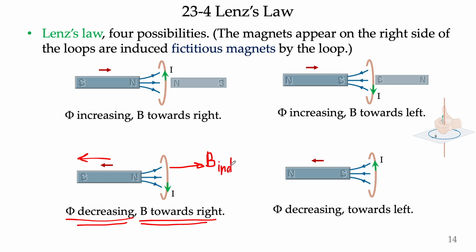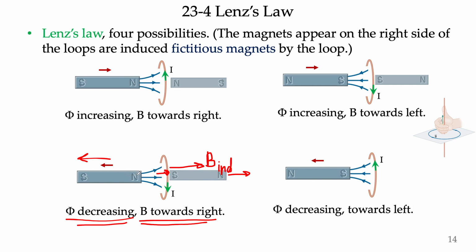Again, use the second right-hand rule, and you will find the current should be in this direction. And in terms of a fictitious bar magnet, it will look like this, because magnetic field lines to the right you can only create with a bar magnet like this, right?